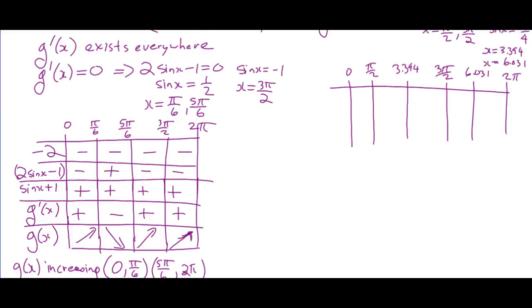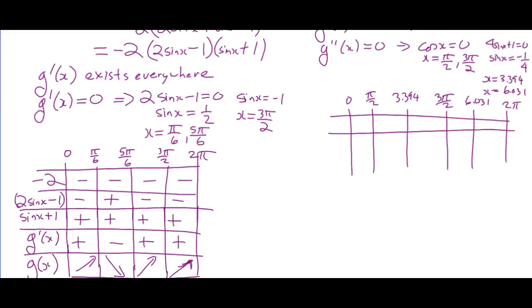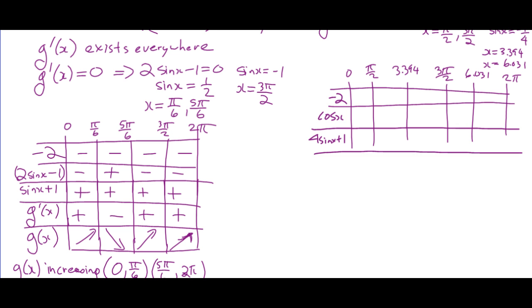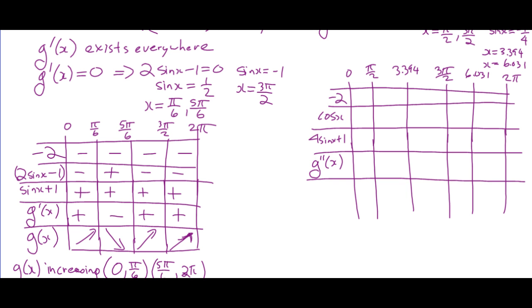We are looking at this guy, which gives us negative 2 cos x and 4 sine x plus 1. Taken together, they will give us the sign of the second derivative, which will tell us information about the curve, so the concavity and points of inflection.